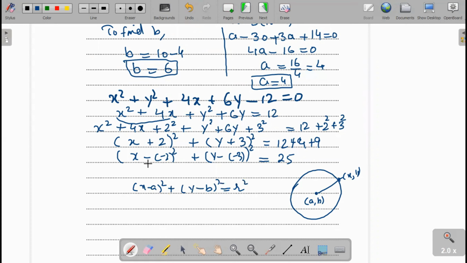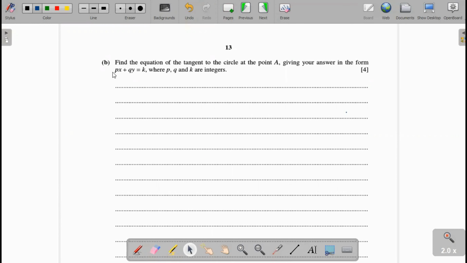So when we compare these two equations, a and b are the center, therefore minus 2 and minus 3 is the center of this circle.